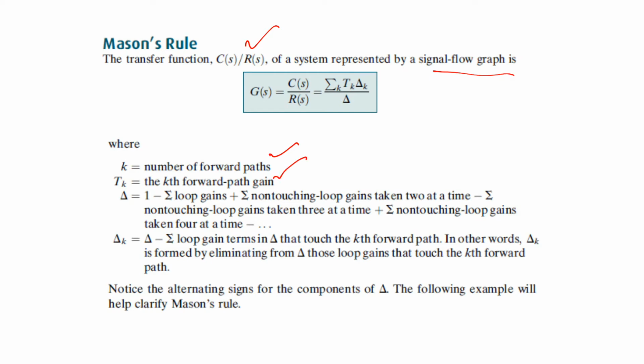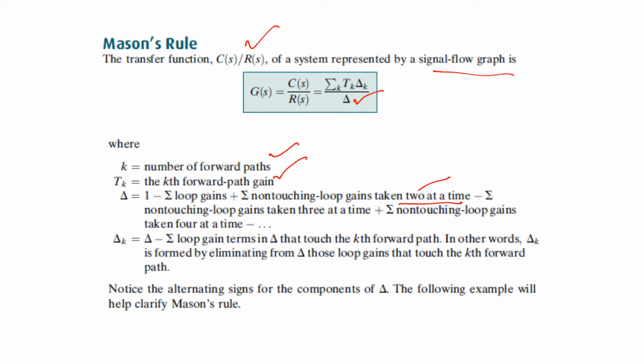Delta is equal to 1 minus the summation of the loop gains, whatever loop gains we have. We have 4 loops in this case, so these 4 loop gains, plus the summation of non-touching loop gains taken 2 at a time, which we discussed some time back.